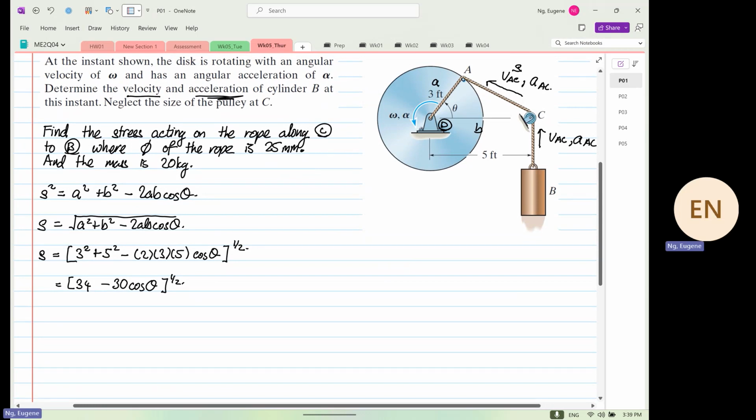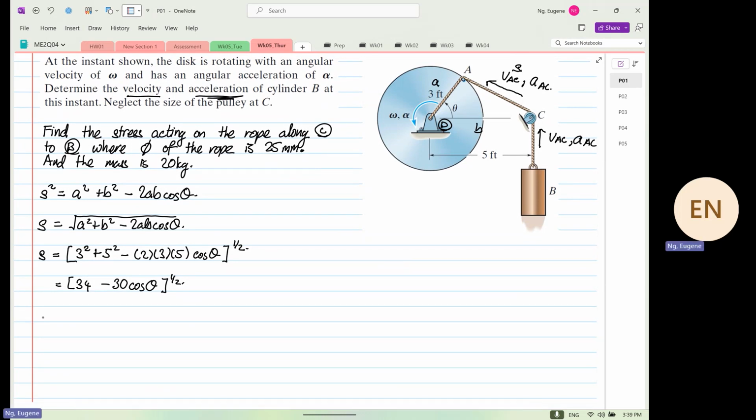Then we take the first time derivative. So we know that we can do ds by dt, so this is in fact the velocity of AC, right? So you differentiate with the half down here. You have 34 minus 30 cos theta, power of minus half, multiplied by, cos to sine, you get positive 30 sine theta, and we are differentiating d theta over dt.